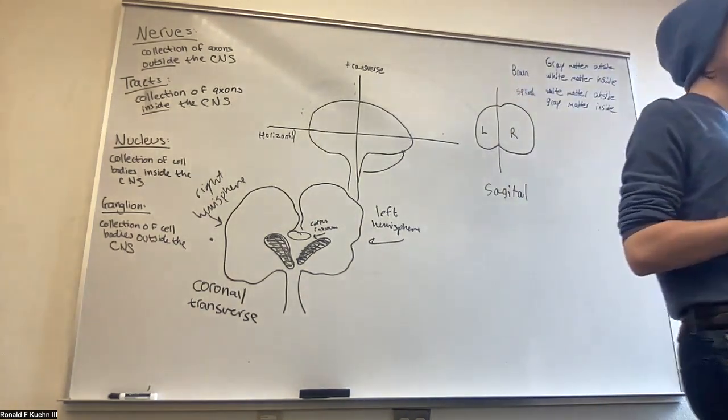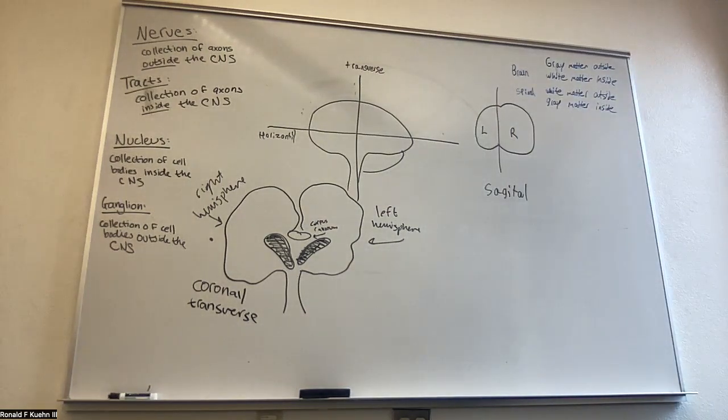White matter tracks are very, very myelinated, so they send signals and intercommunicate really fast. Gray matter is basically cell bodies, more or less, and they communicate information not so fast.